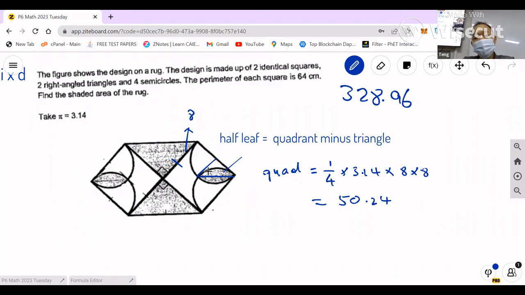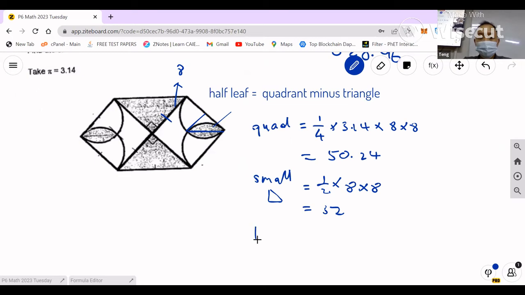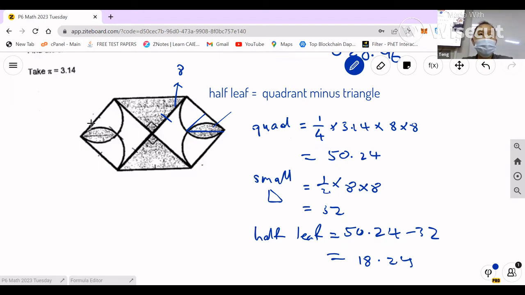The triangle is half 8 times 8. So I'm going to write here small triangle. Small triangle is a 90-degree triangle equals half times 8 times 8, which is 32. Now, since I got the quadrant and the small triangle, I can find half leaf. So half leaf is equal to 50.24, take away 32, which will give me 18.24. So that's half leaf. Now I can find the area of the shaded part. There are 4 half leaves and 2 big triangles.